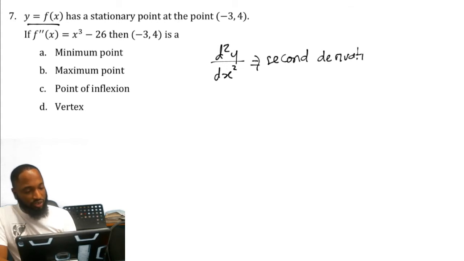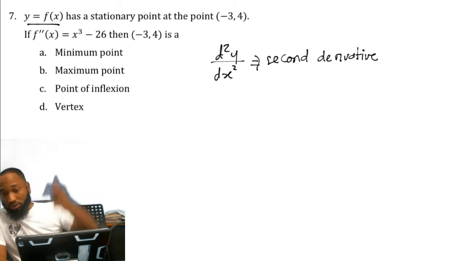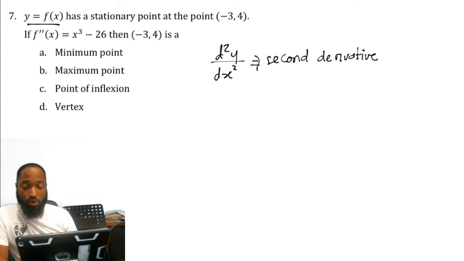If you differentiate twice, you get the gradient function and then the gradient function of the gradient function. If it's positive, it's a minimum. If it's negative, it's a maximum.